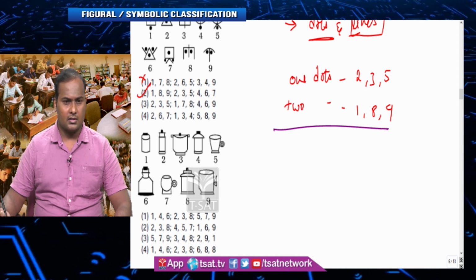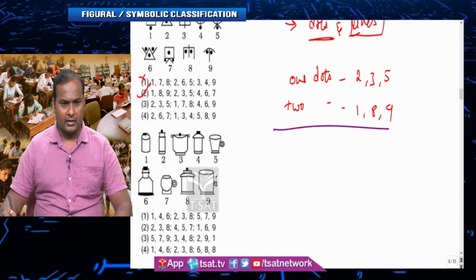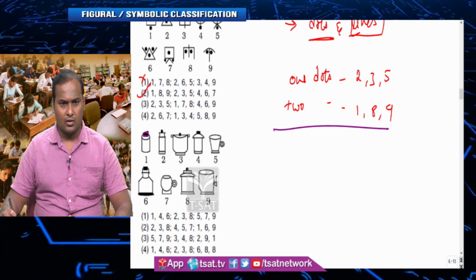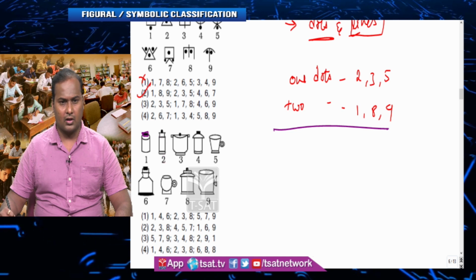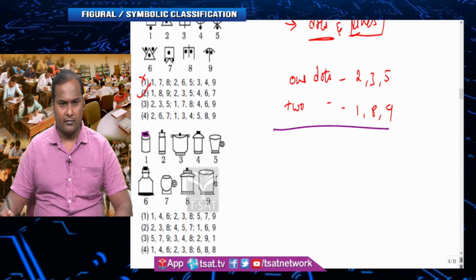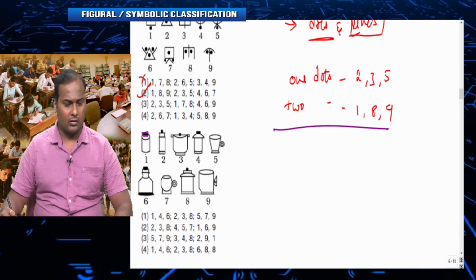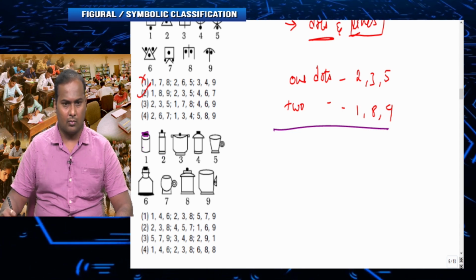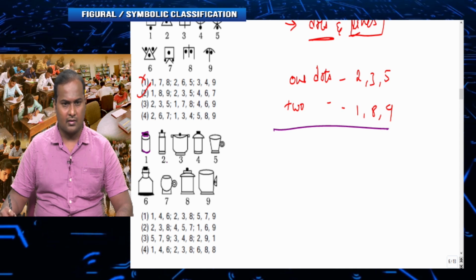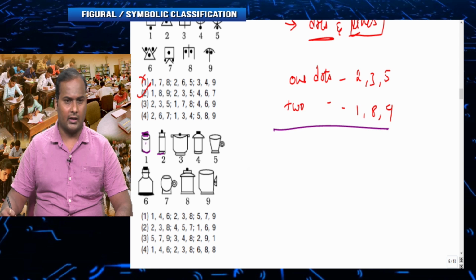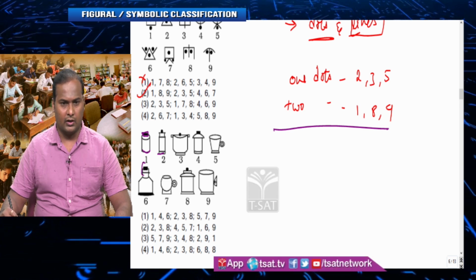So what I can consider is the top portion. In figure 1, the top portion is in the form of a square, whereas in figure 2, the top portion has a dot. And moreover, in figure 1, the bottom is a bit curved, whereas in figure 2, it is quite straight. So what I can take is the top portion, that is this lid portion.